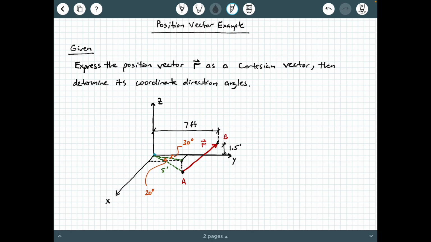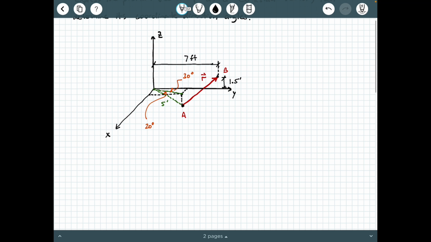So you see from the origin in the direction of the y-axis, we have 7 feet here, and then it has a z coordinate of 1.5 feet. So we're going up in the positive z direction, 1.5 feet. And so the position vector that we're interested in is extending from that point A up and over to that point B, okay? And that's what we're trying to investigate, what's going on with that position vector R, all right? So let's go ahead and write the solution.